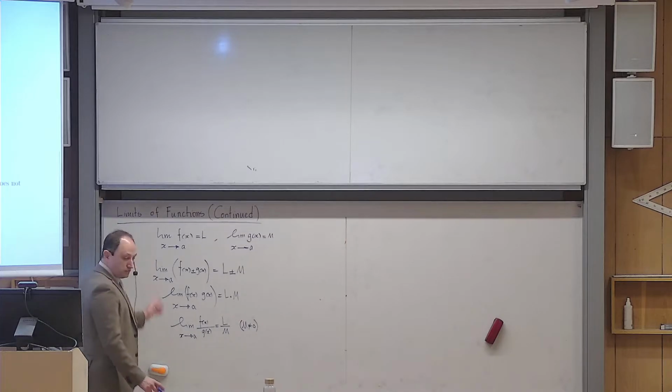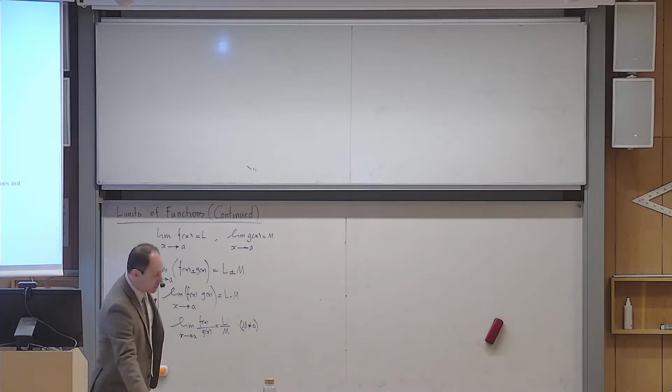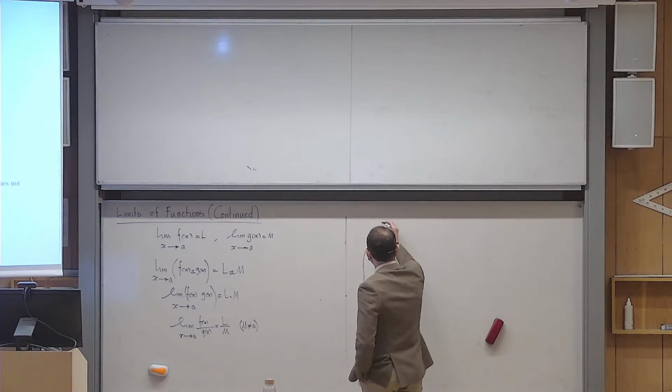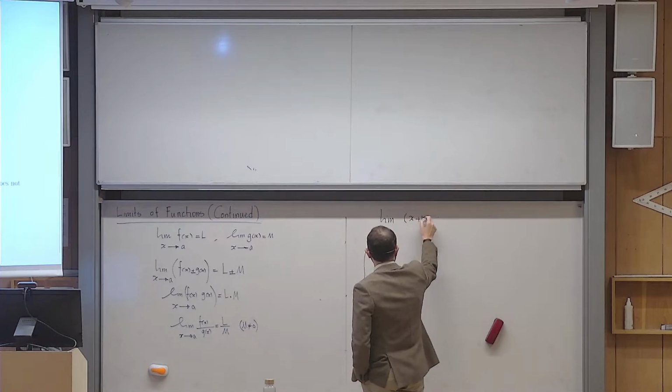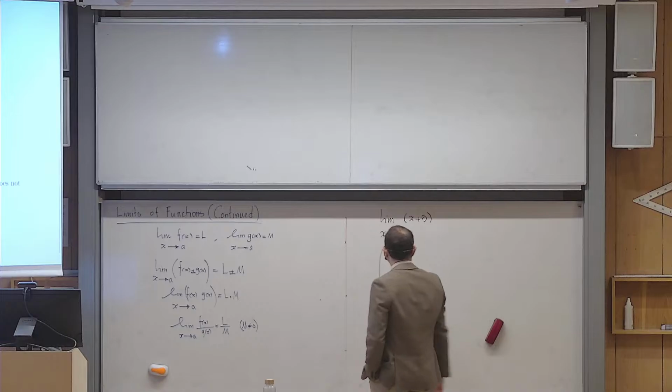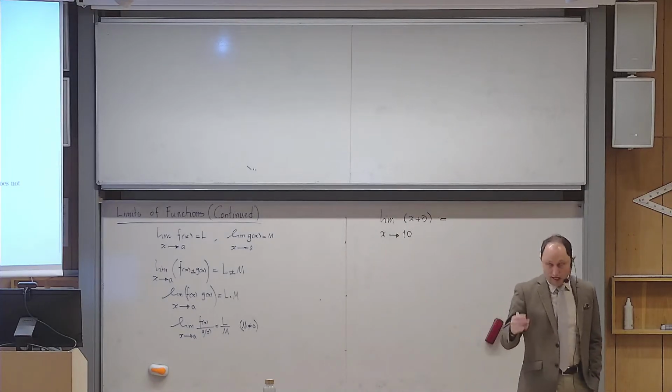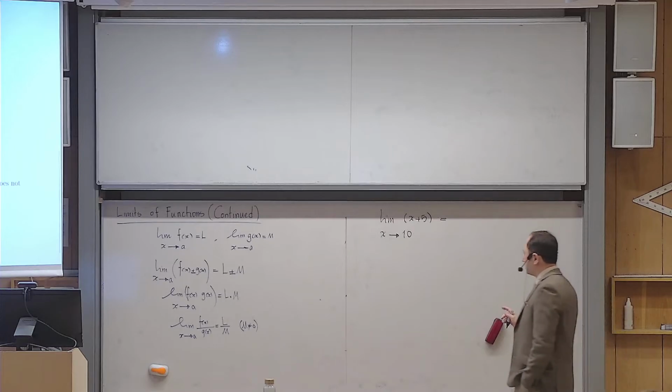Now, I want you to be good at calculating limits. Okay? So let us, for example, start with a very simple question. The limit of x plus 5 when x goes to 10. What do you think will be the answer? Let us answer this question based on our intuition, yes?